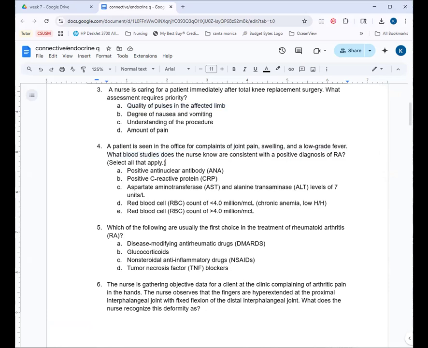Number four, patient is seen in the office for complaints of joint pain, swelling. Girl, I ain't even finished the question. Okay. Swelling and low-grade fever.